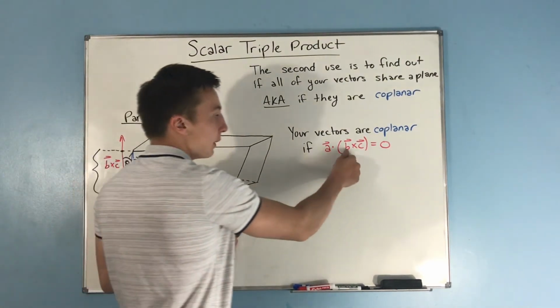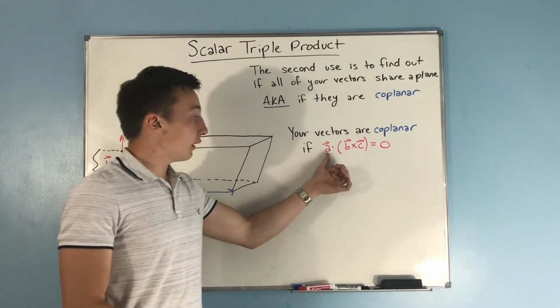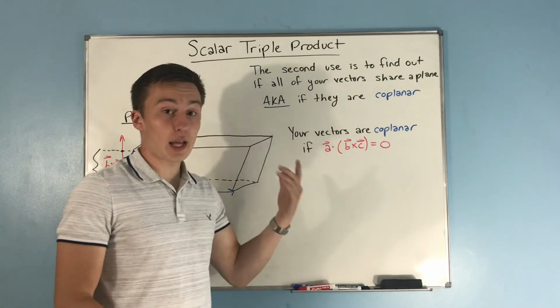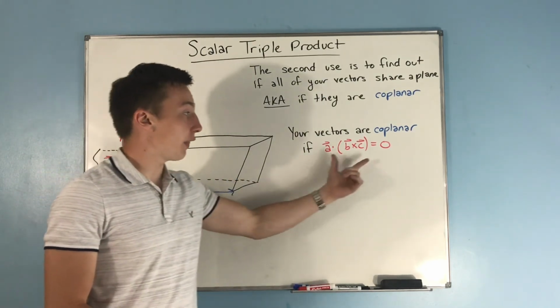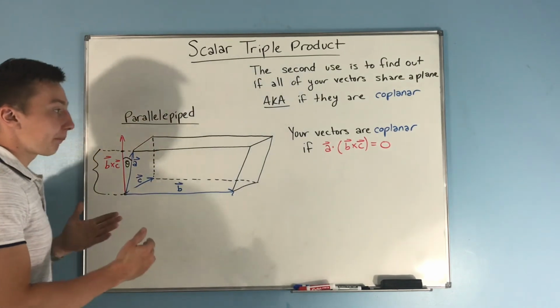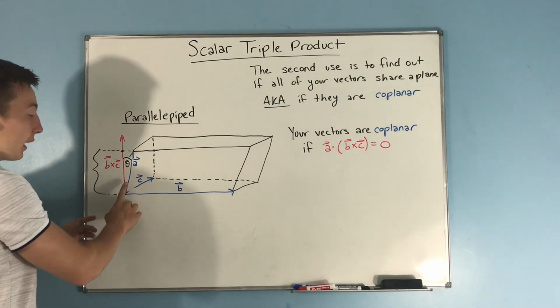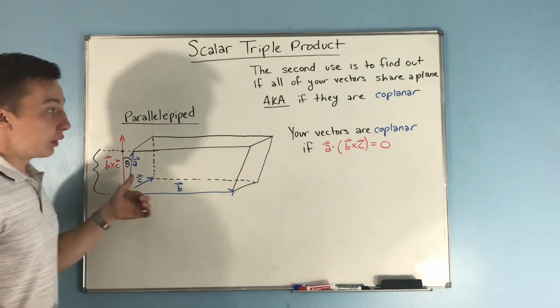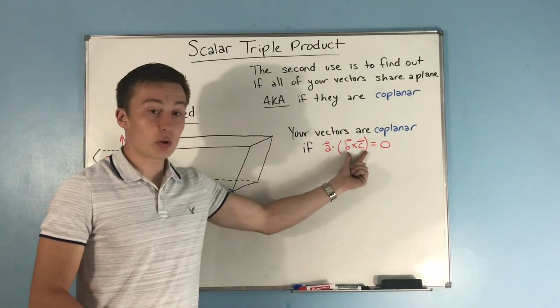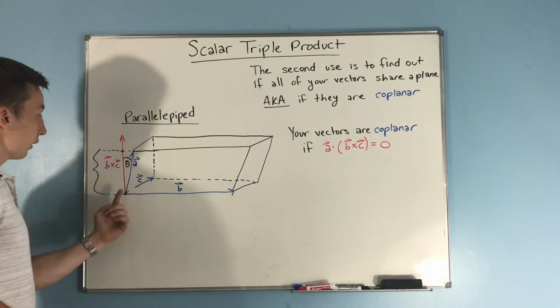Now, what if this B cross C by itself isn't 0? What if having A dot this is what ends up making this whole thing 0, not the cross product itself? Well, that would end up meaning that A is perpendicular to this vector B cross C. And B cross C points upward.